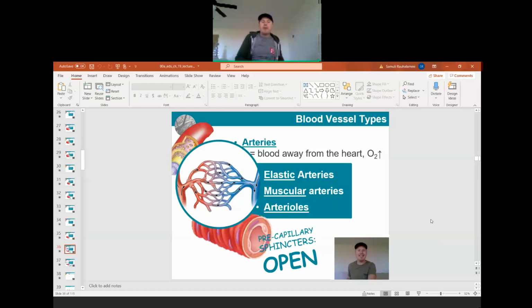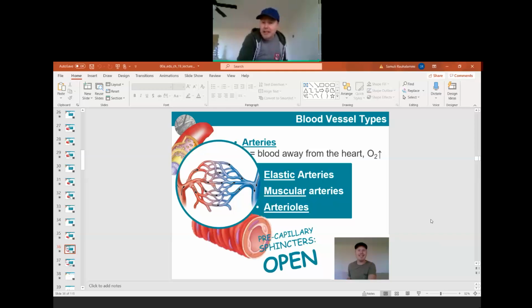Your heart is very well supplied. We close off networks that are not needed at that time, like the digestive system, which would not be as heavily required at the time of strenuous exercise, or the urinary system. So that's the idea, that we direct the blood wherever the blood is needed.